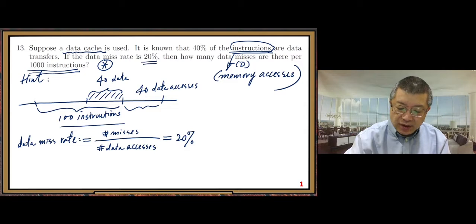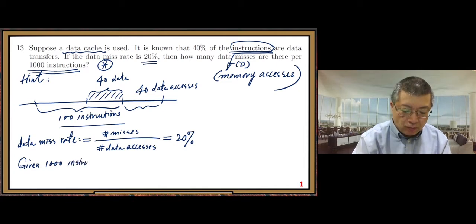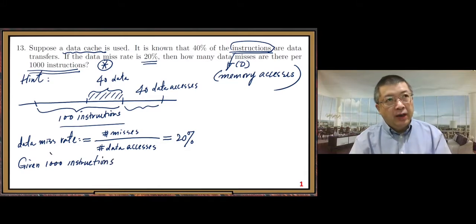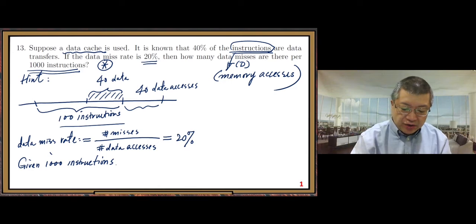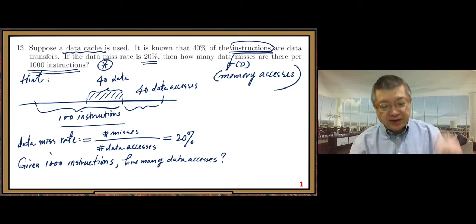From 1,000 instructions, how many data accesses?